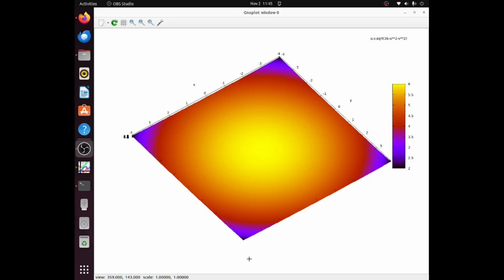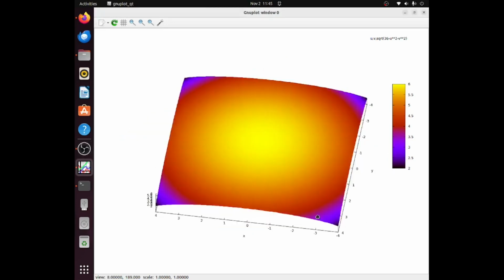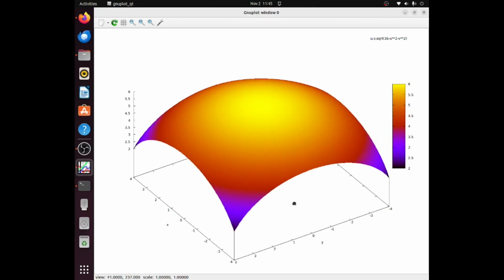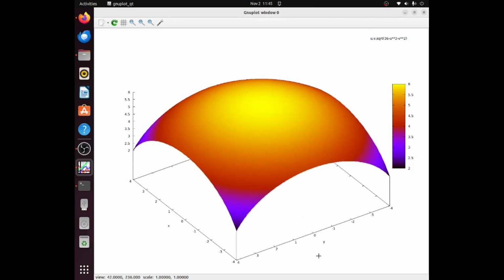Around the edges, you begin to see much smaller z coordinates, the bottom of which is 2 in this case. And looking at it from a side perspective, this is a piece of the top of the sphere that goes with x and y ranging from -4 to +4.